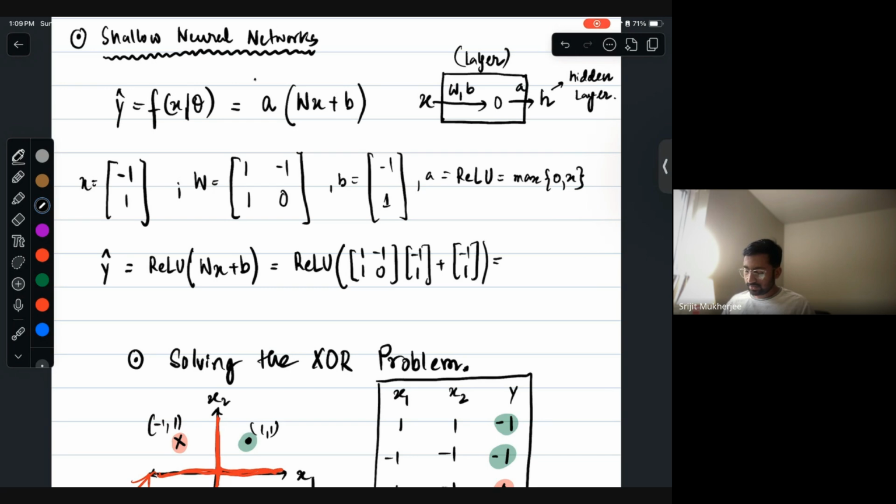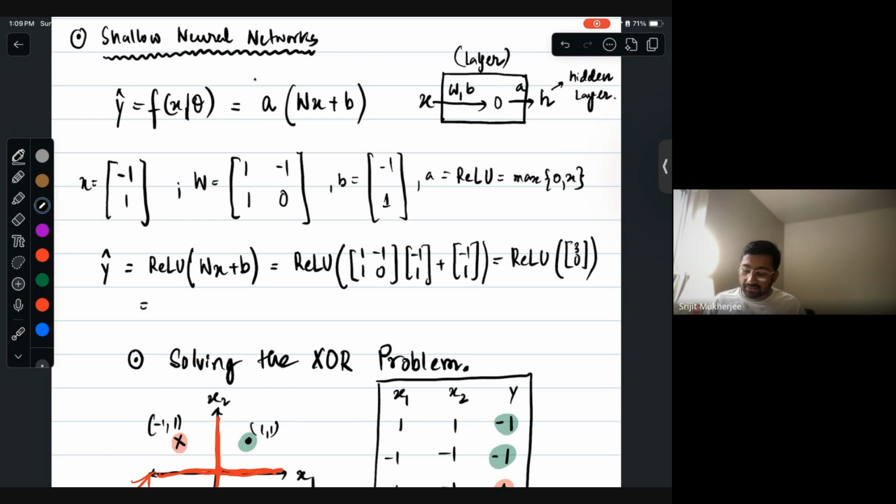So we get ReLU of, let's calculate this, minus 1 1 1 minus 1 is minus 2, minus 2 and minus 1, we get 3 comma 0. Okay, so ReLU of 3 comma 0.